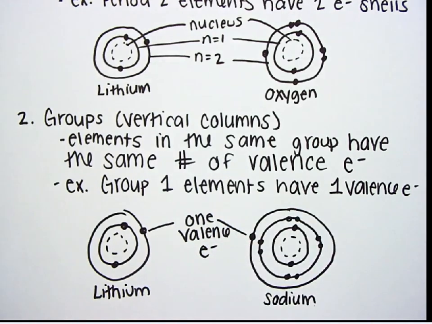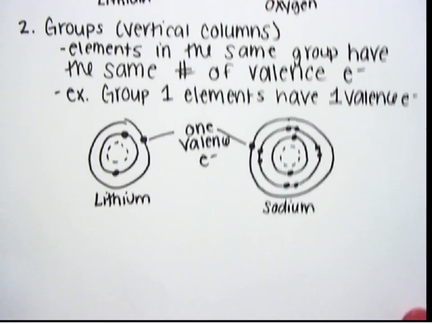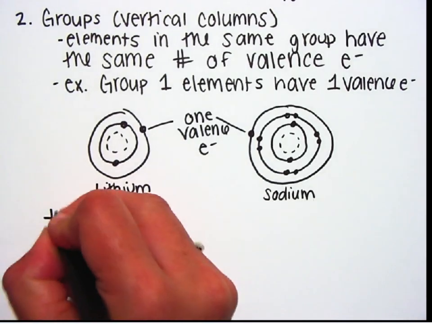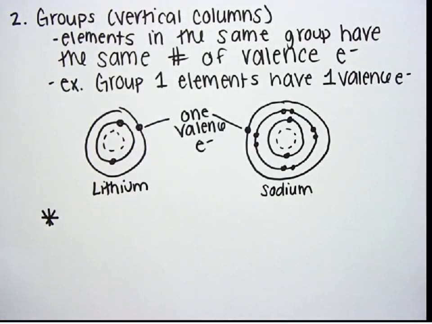So elements in the same group are going to have the same number of valence electrons. Really important to note.